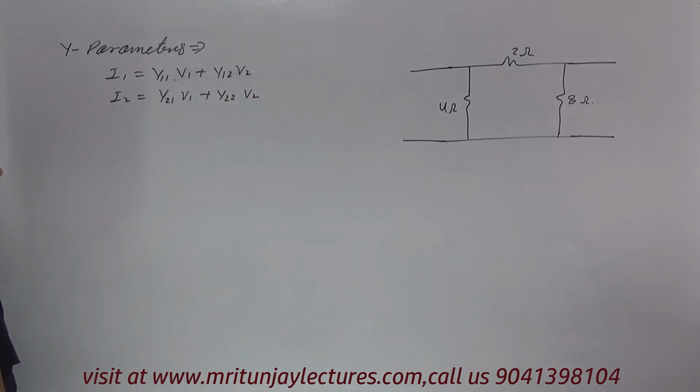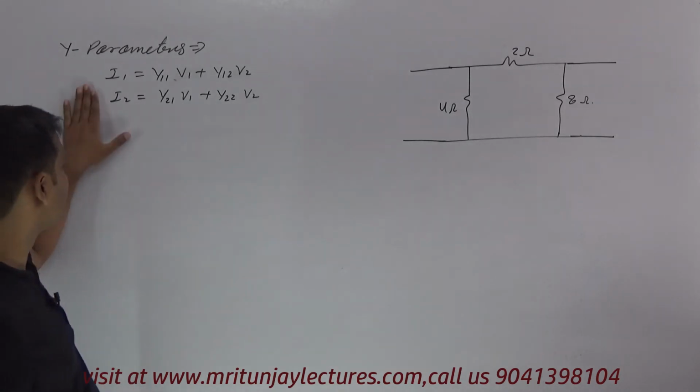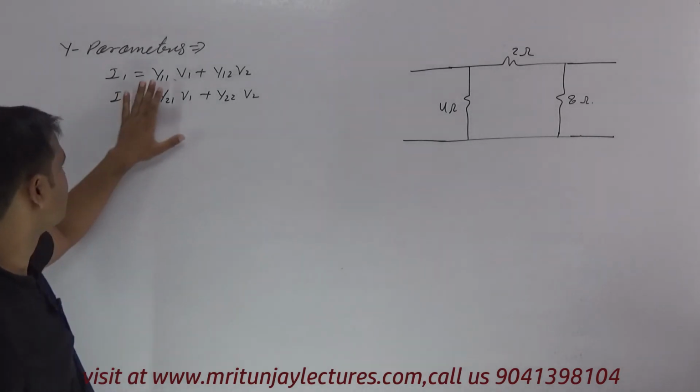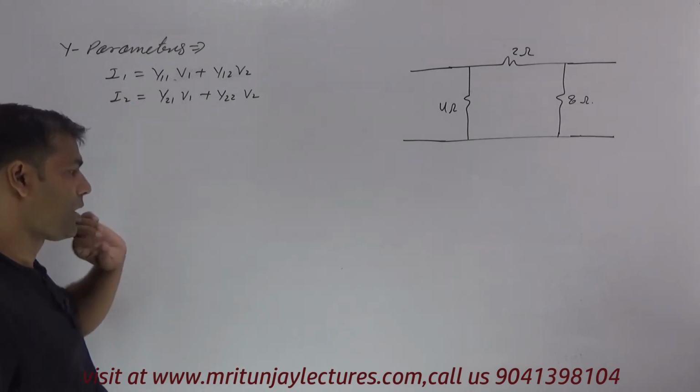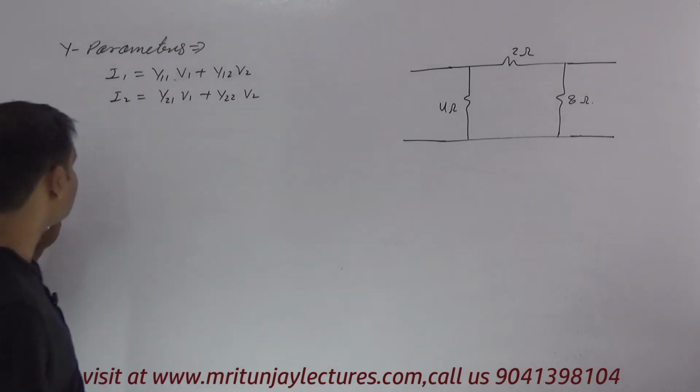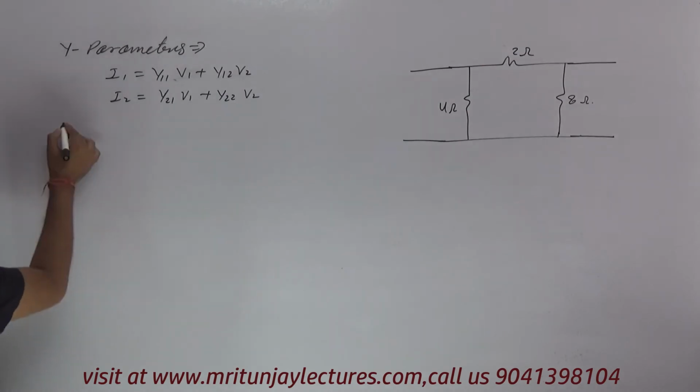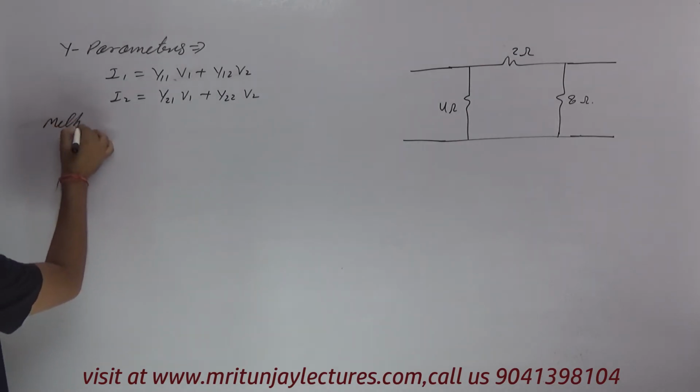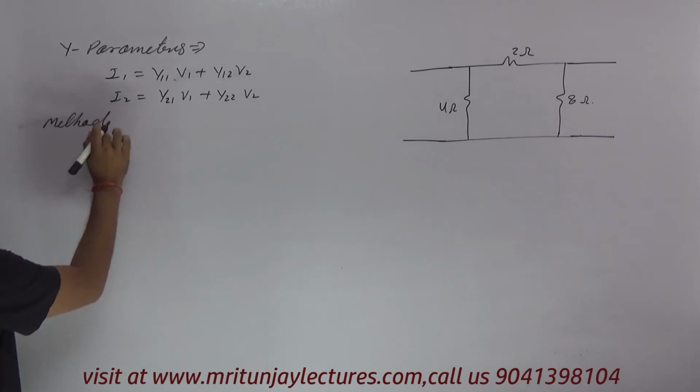Clear? So first of all, what about I1 and I2 in terms of V1, V2? Now, what is the meaning of Y11? First of all, follow method one, the conventional method.